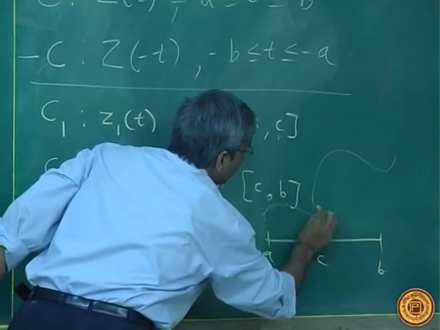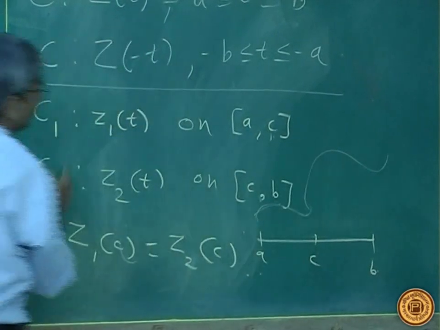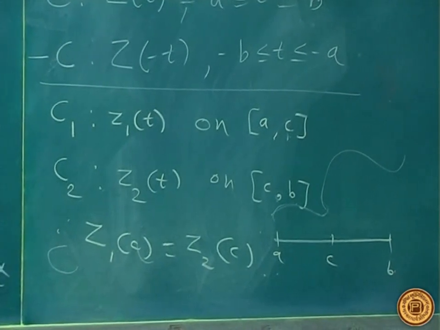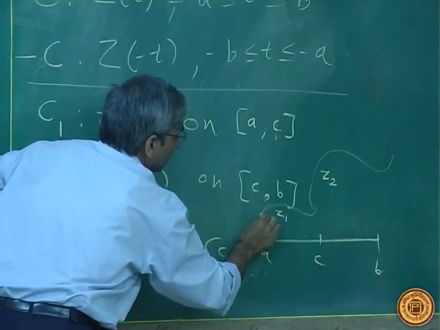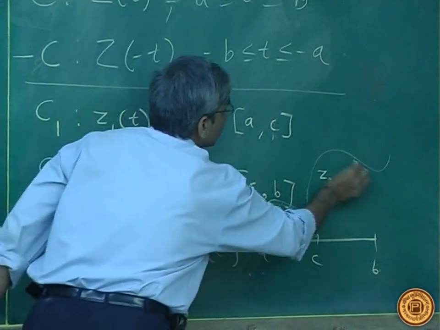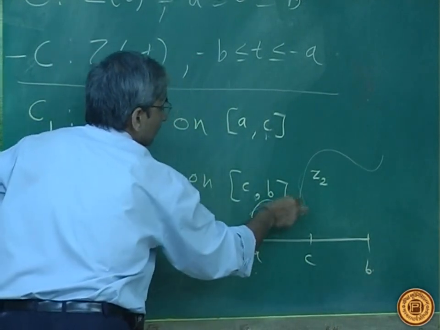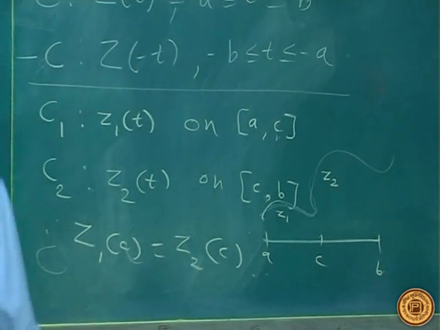Then this entire curve, which is given on A to B, is called the addition of C1 and C2. Is this clear? This curve is Z1, this curve is Z2, and this curve traced by putting both one after the other is C1 plus C2.